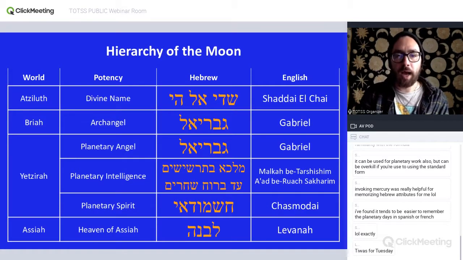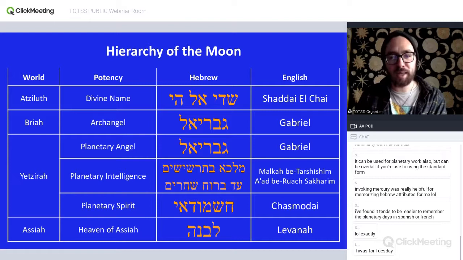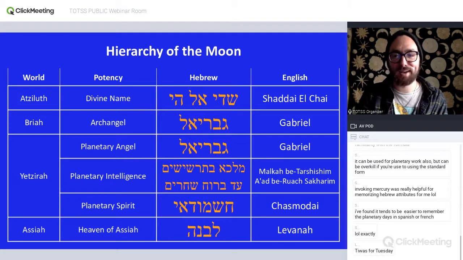All right, and then here we've got the hierarchy of the moon. So the divine name that we saw, Shaddai El Chai, then the archangel Gabriel. Now, interestingly, for the moon, the planetary angel of the moon is also named Gabriel. Then we have the most complicated name that you'll see in all of this, the planetary intelligence, Malka Betarshishim Ma'ad Beruach Sakarim, which is actually a kind of artificial name. It was probably composed.